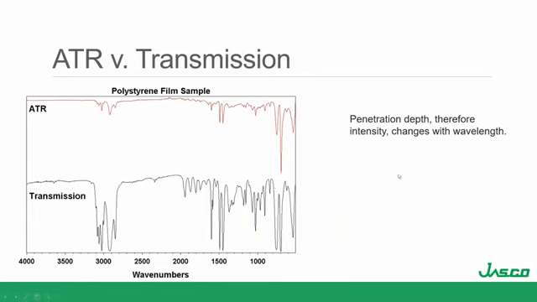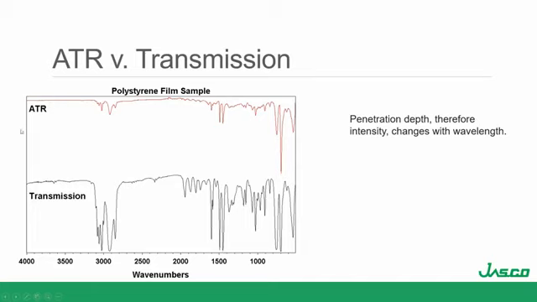All right, so if we look at the ATR spectrum versus the transmission spectrum of the same sample, you can see that the relative intensities are off. This one is higher than this on the ATR, but they're the same height on transmission.